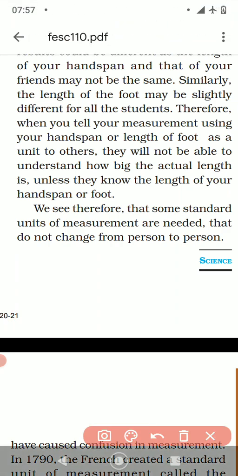We cannot take hand span or foot length as standard units because they vary from person to person and won't tell you the actual length of the thing, children. So we need to have a standard unit of measurement.